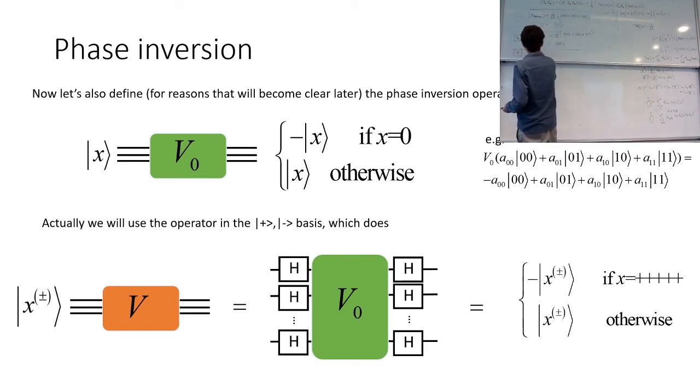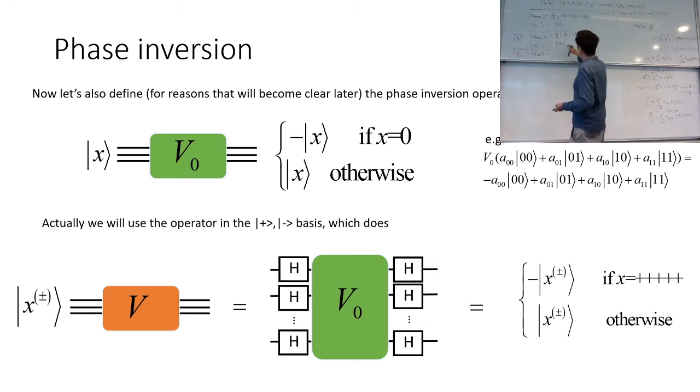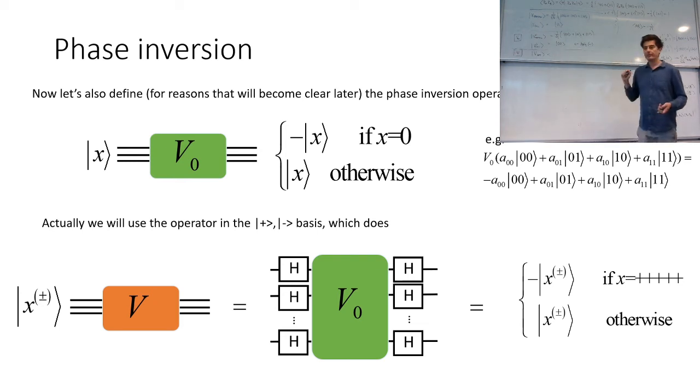So the V not sol would actually be, for the V0s, these are the states that will have a minus sign applied to it.